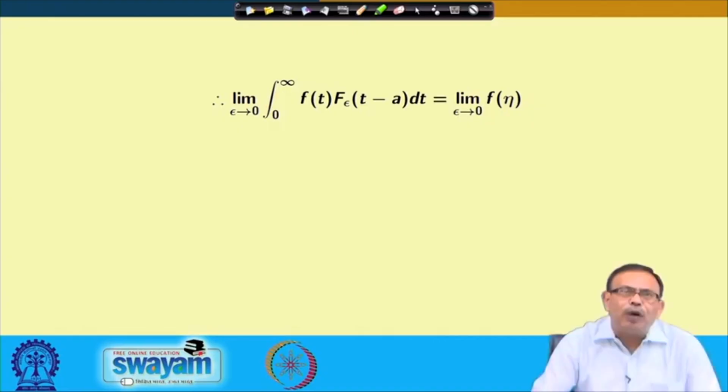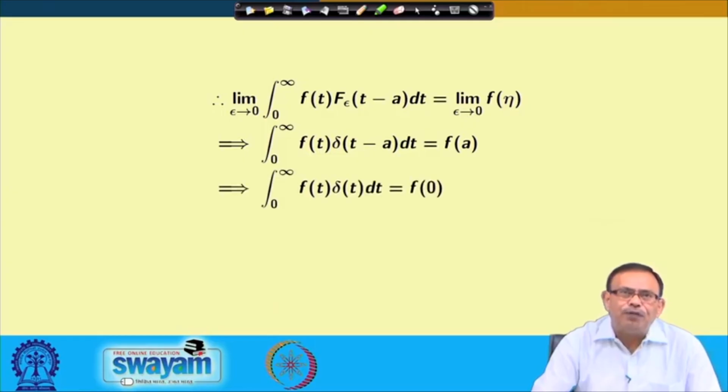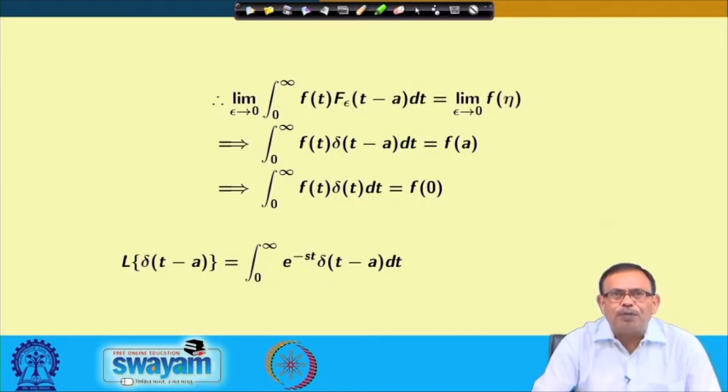Once I have this, from here I am writing the integral from 0 to infinity of delta(t minus a) f(t) dt, which is nothing but f(a), using the earlier properties. So the integral from 0 to infinity of f(t) delta(t) is f(0).